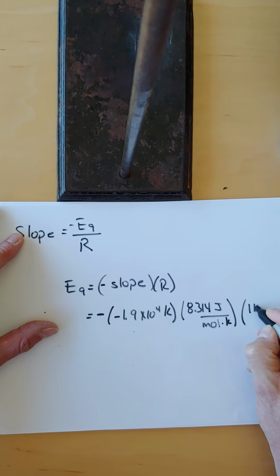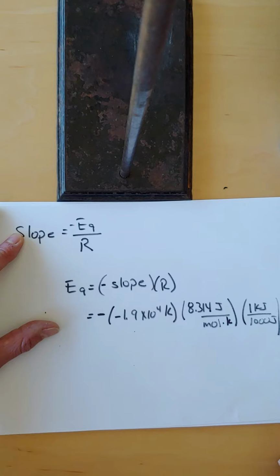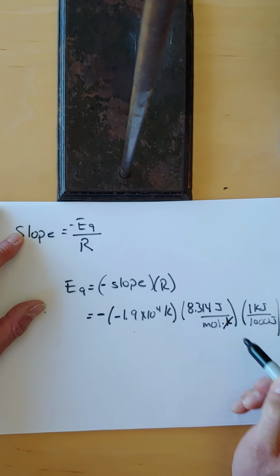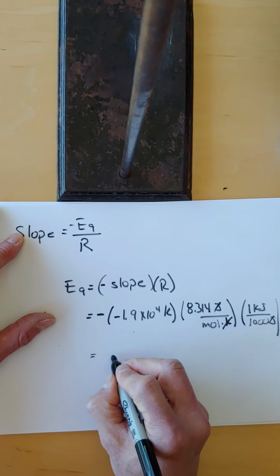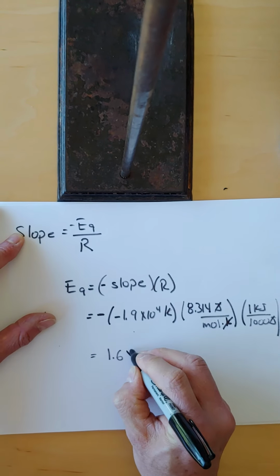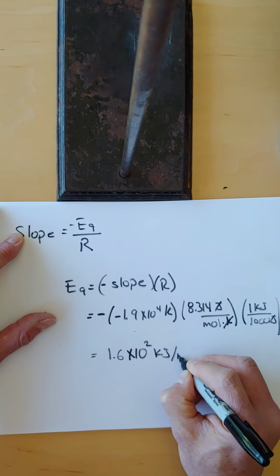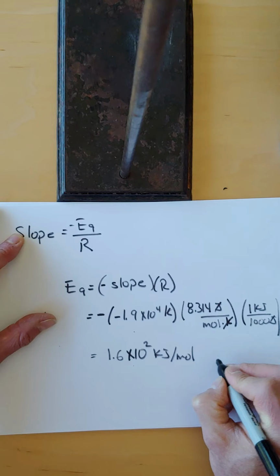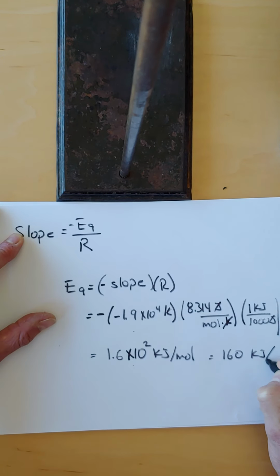So I'm going to convert that and say that there's 1 kilojoule per 1,000 joules, right? So my units of Kelvin cancel, my joules cancel, and I end up with kilojoules per mole, or 1.6 times 10 to the second kilojoules per mole, 160 kilojoules.